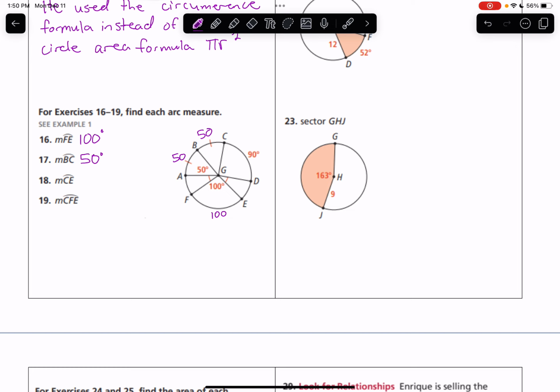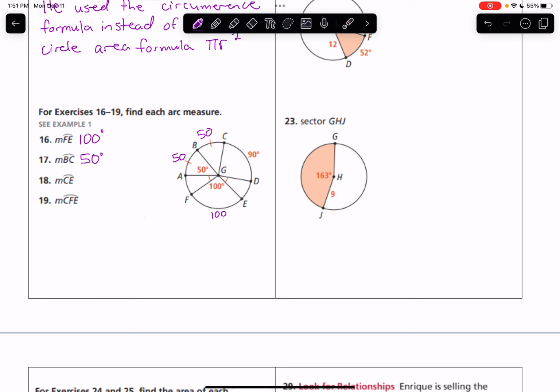Then we look at arc CE, and it looks like we have a 90 plus something here. So we have to figure out what is left. And it looks like we know 4 of the arcs in our circle. We're just missing 2. And the 2 that we're missing are congruent.